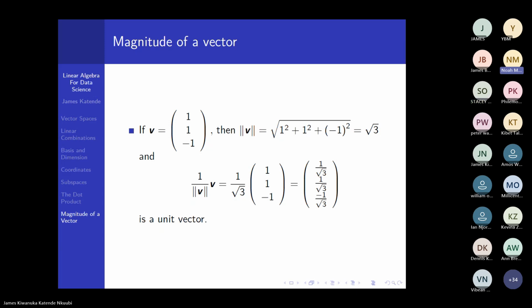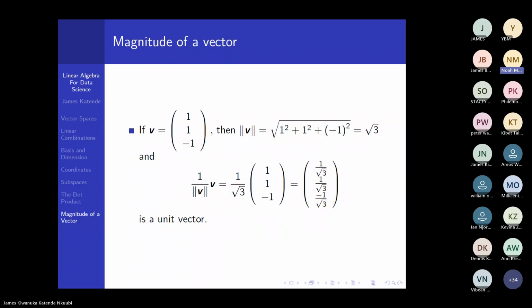Yeah. Okay. Let me try to explain. The definition of a unit vector is that it has a magnitude of 1. So what the lecturer has given here, 1/√3, 1/√3, negative 1/√3, is the unit vector. But to confirm whether it's a unit vector, you have to go ahead and find the magnitude, using the formula we have been using: the square root of the sum of the squares of all the elements.